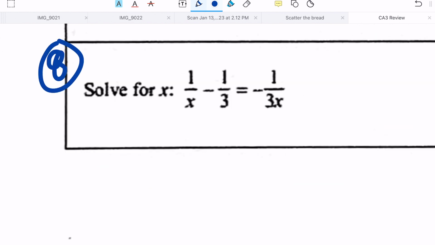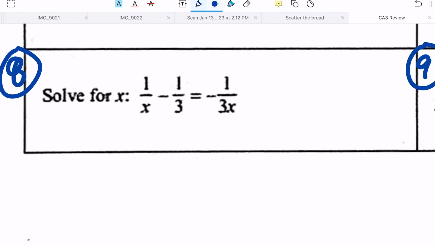X, if you recall, the first thing we have to do is identify the LCD. So the LCD, if we look, we have an x, a 3, a 3x. So it's the greatest common factor between them, or the greatest common multiple. We see that one has an x, one has a 3, the other one has a 3x.